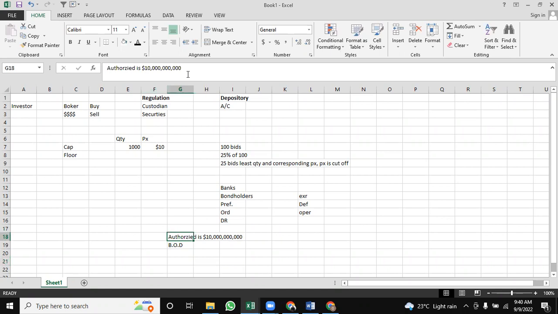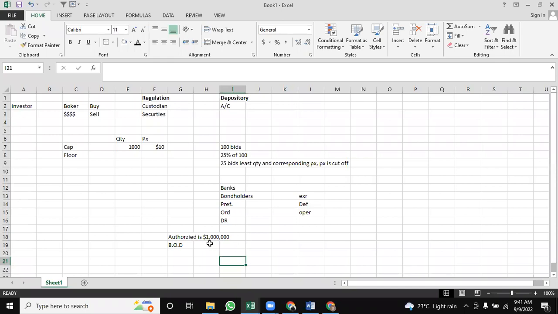Or rather, I'll change this because it will be too complicated if I put it this way. Let's say, to keep it simple, they set aside an authorized capital of 1 million. Okay, are we clear till here? Yes.